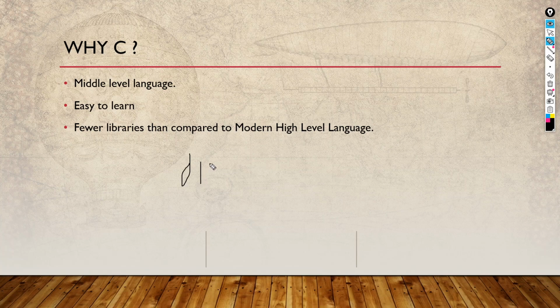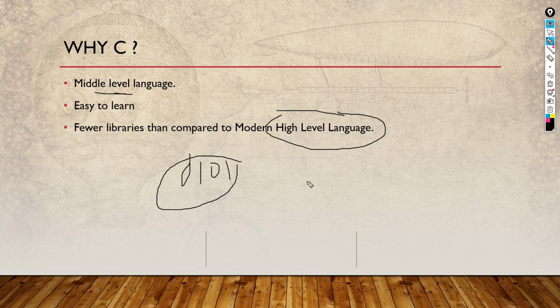Machine language is all 0 1. These low level languages are very tough to understand. High level languages are easier than low level languages. The mid level language connects these two, creating a bridge, so it is also easy to learn.